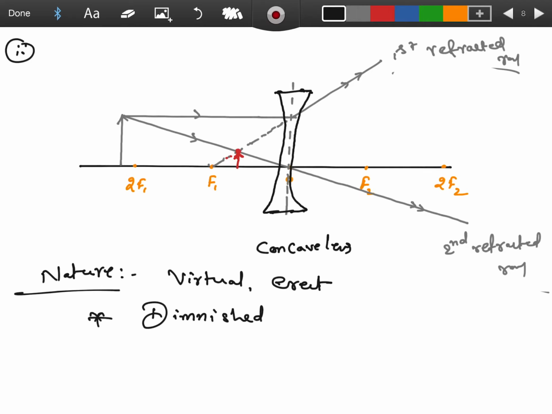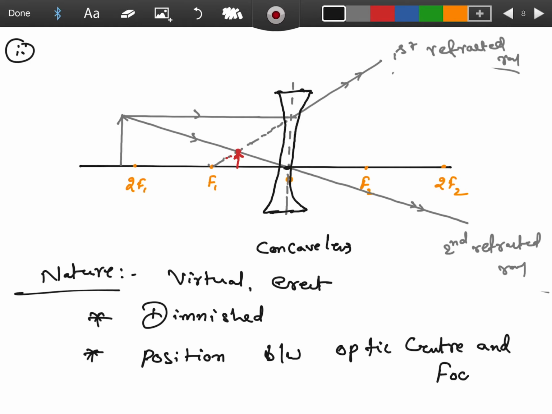For any position, wherever you place the object other than infinity, you will get a virtual, erect and diminished image. Position of the image: the image forms between optic center and focus.